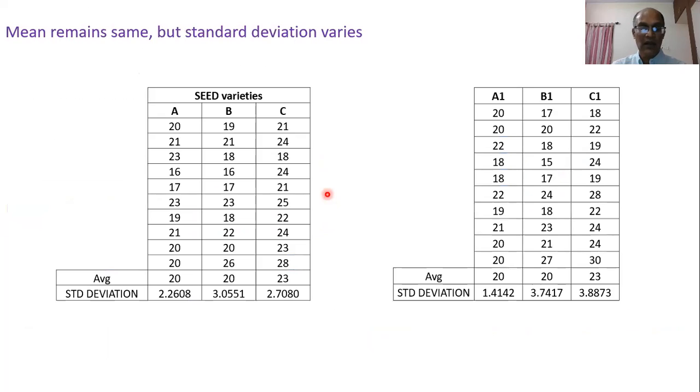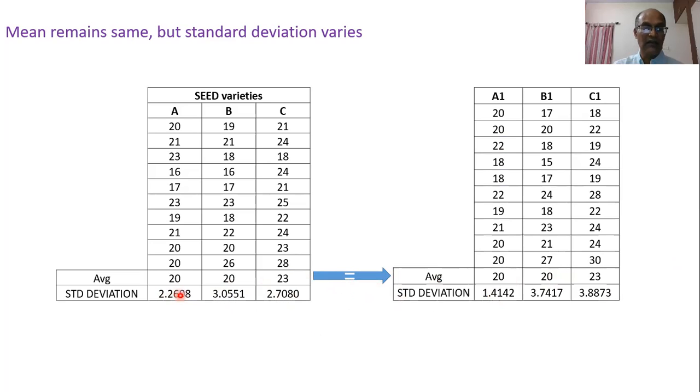Now we will see how we can do it if the standard deviation is different. Now if you see here, the same table I have given here, and its average values are given. But here, what I have done is that the average remains the same, 20, 20, 20, 23, 23. But the standard deviation is different.